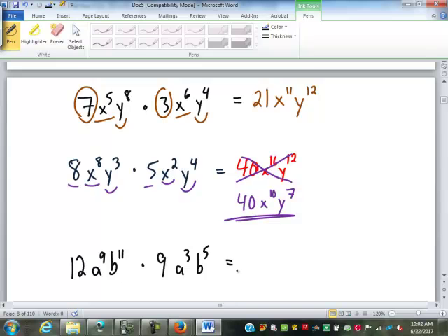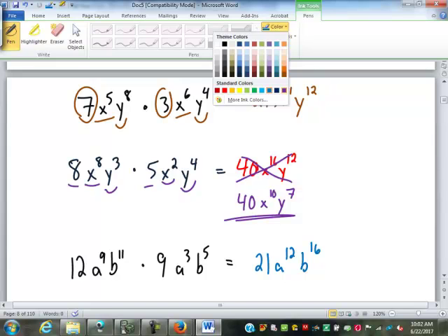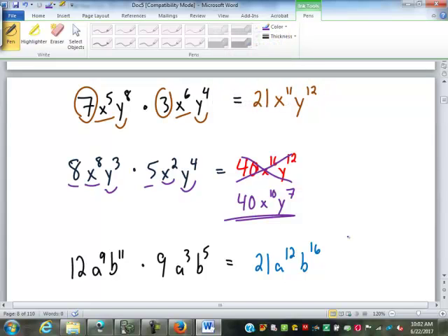So I have 12a to the 9th b to the 11th, times 9a to the 3rd b to the 5th. Get 21a to the 12th b to the 16th. Okay. I didn't multiply the 12 and the 9. I added them.